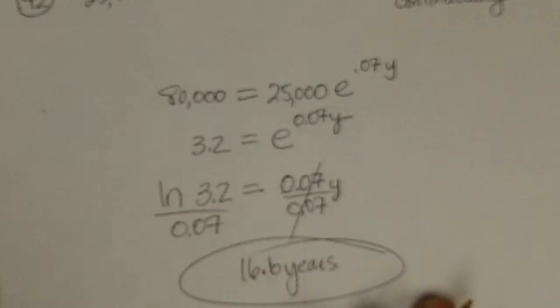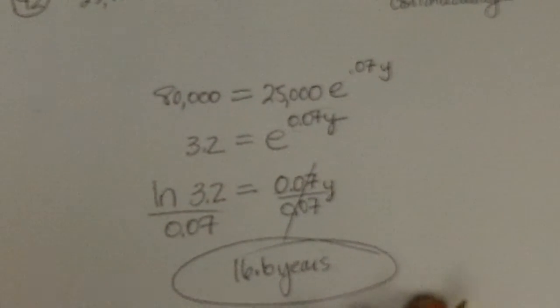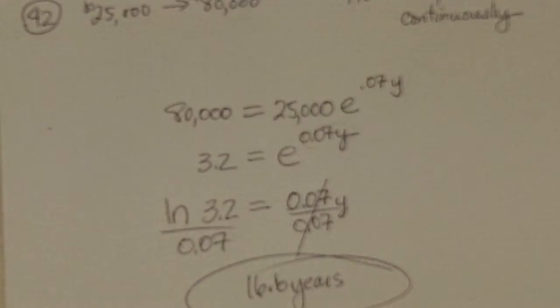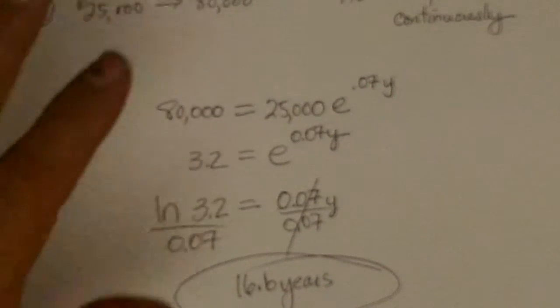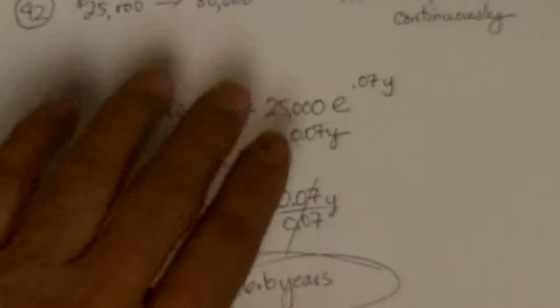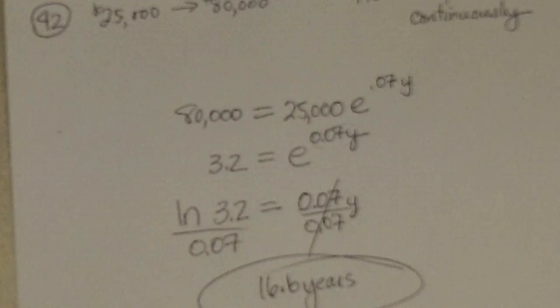Okay? So 25,000 goes to 80,000 in just 16.6 years. So $25 would go to $80 in 16.6 years. Now 25 to 80 doesn't sound like a lot, but 25,000 to 80,000 sounds a whole lot better. But that's that problem. All right.